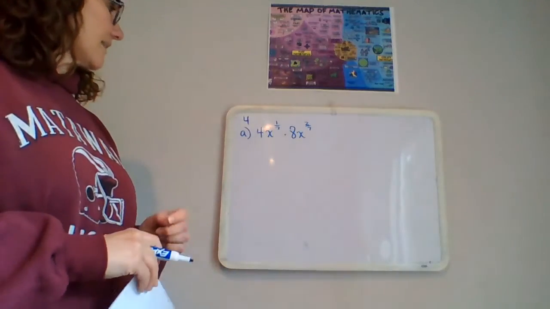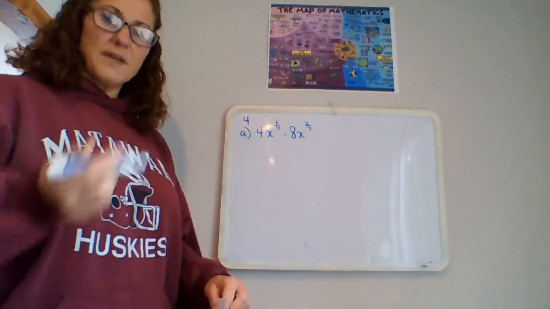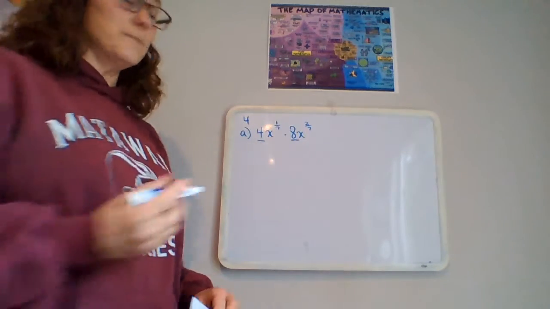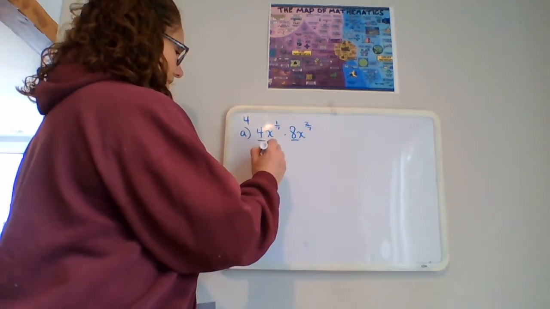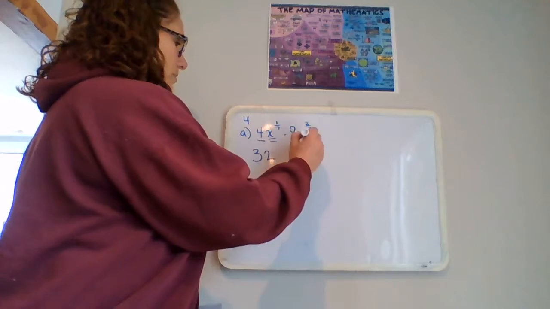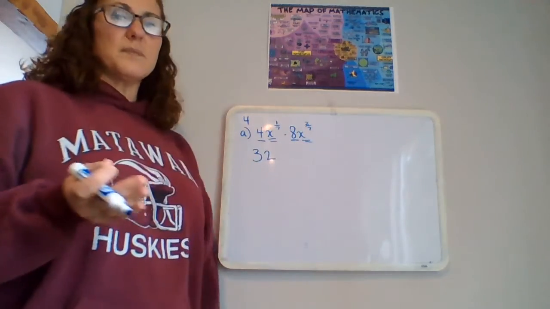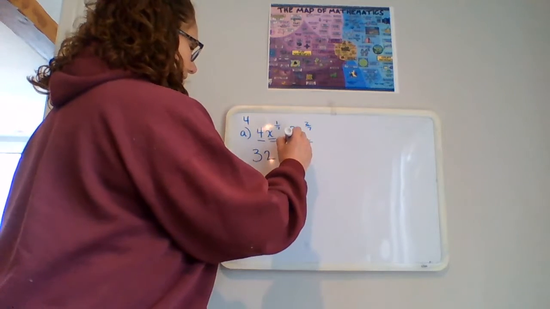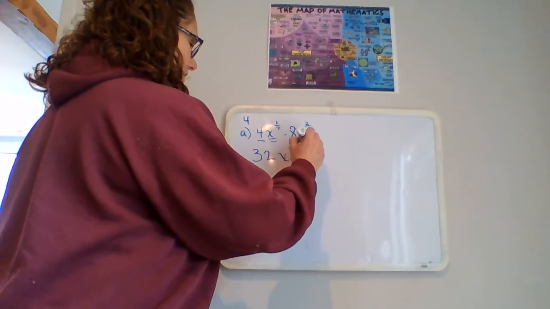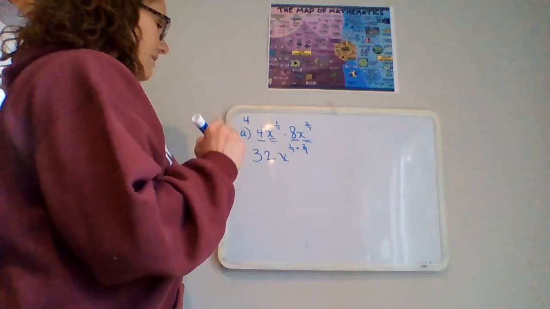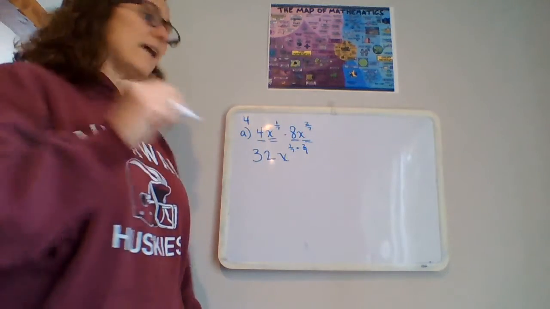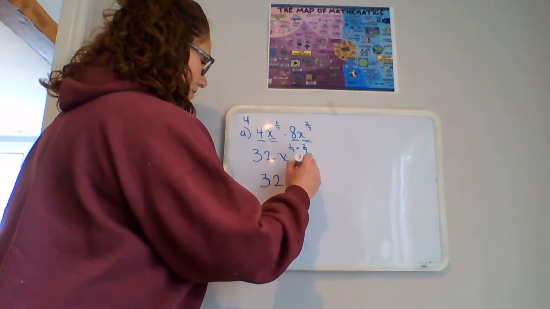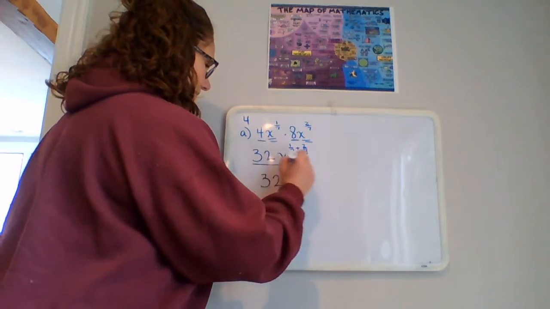For a question like that, all you have to do is multiply the coefficients. 4 times 8 makes 32. And then these are multiplying x's. When you have multiplying x's, all you do is add the exponents. So you're going to have x to the 1/7 plus 2/7. So your final answer for 4a is 32x to the 3/7.